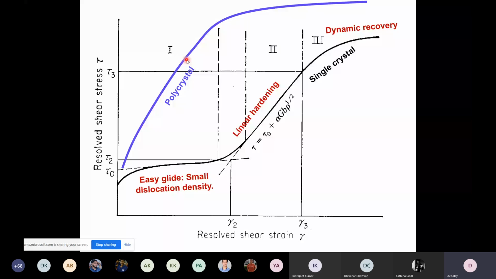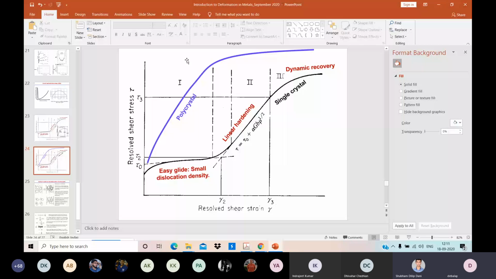What is the reason? Dislocation pileups. Grain boundaries. I am telling you one thing.